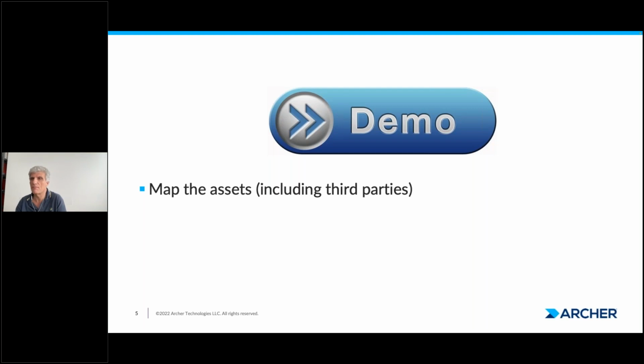So that's about the management and mapping of the assets, including the third parties, because third parties are a fundamental element of any resilience program. We need to observe the organization from the external point of view, and third parties, as you know, especially in the context of digital transformation initiatives, are absolutely a key ingredient.